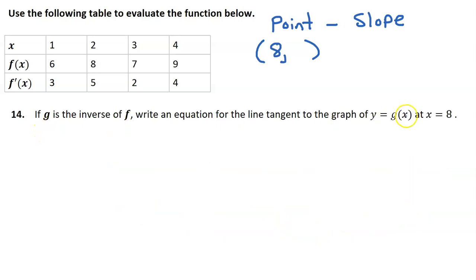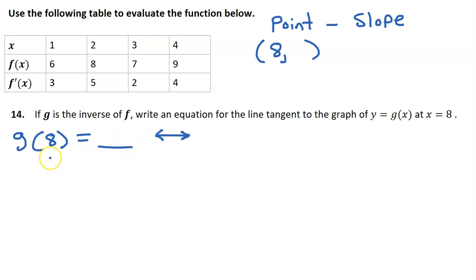So remember, I'm looking for the y value for g at 8. In other words, I'm looking for g at 8 is equal to what? I'm just going to put a blank for now. But let's use that property that I just showed you for inverse functions.